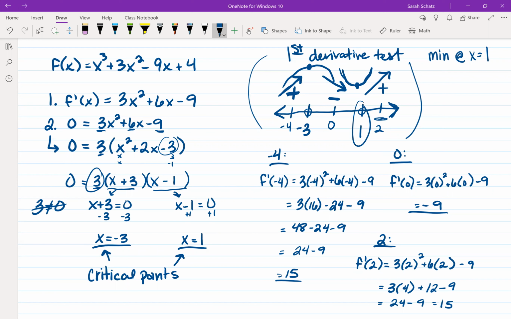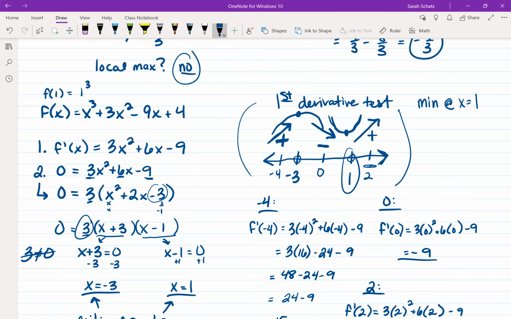How do I find the value of that minimum if it asks me? Well, I take that 1 and I put it into the original. If I want to know the value at x equals 1, I do f of 1. So I get 1 cubed plus 3 times 1 squared minus 9 times 1 plus 4, and I'll work it out.